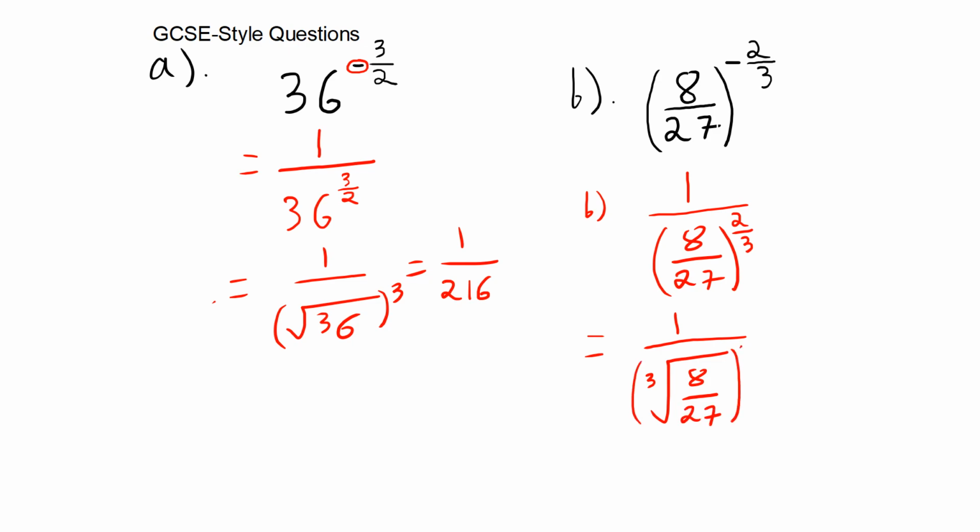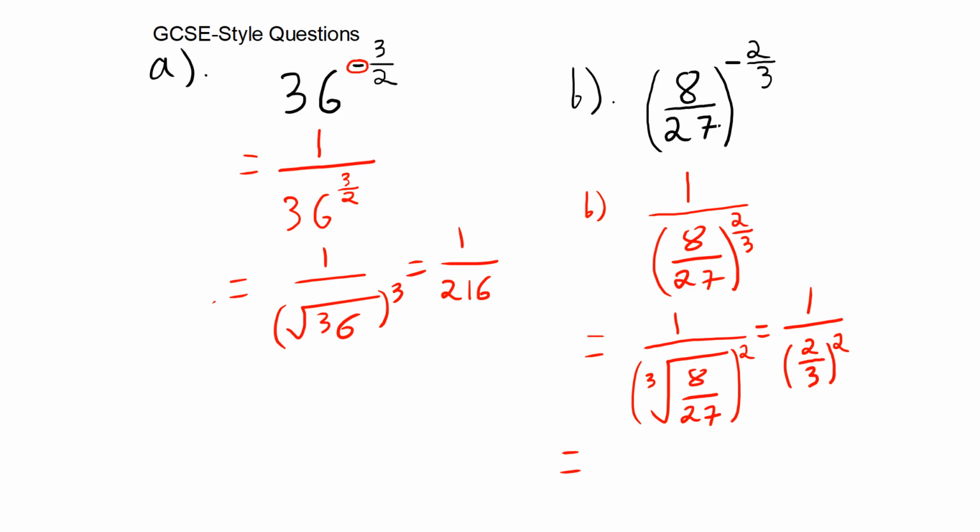We're just using the rules. So that gives us 1 over, now to do the cube root of a fraction, we just cube root the numerator and cube root the denominator. The cube root of 8 is 2, cube root of 27 is 3, so we have 2/3 to the power of 2 on the bottom.